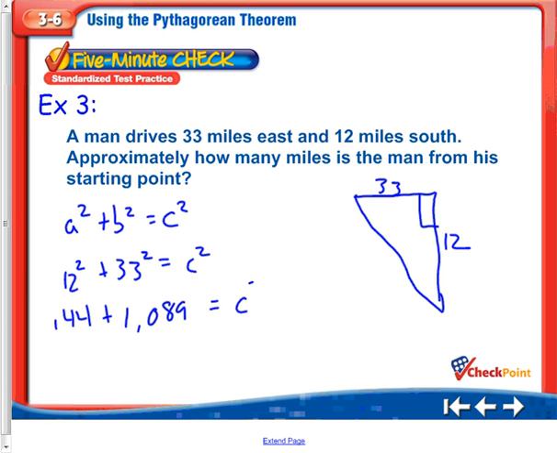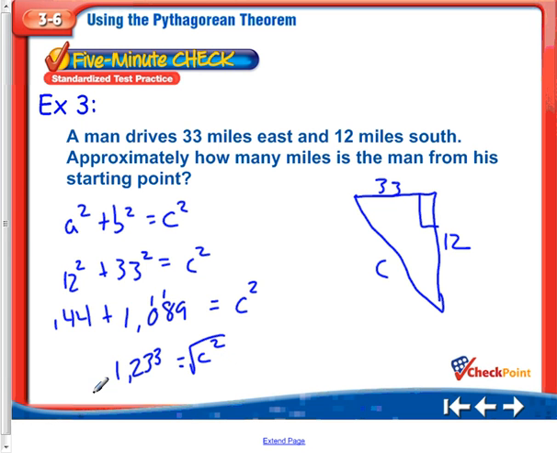And that's still equal to c squared, which is our hypotenuse right there. And then we're going to want to go ahead and add those two values together. So we're going to get 1,233 is equal to our hypotenuse squared.